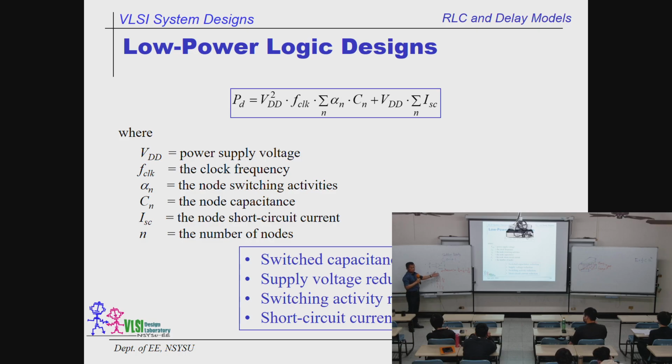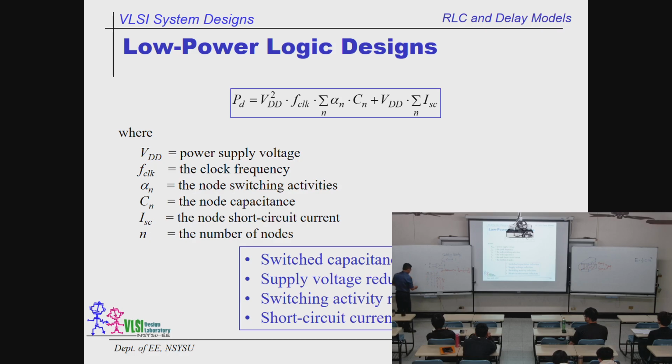This is very simple. Even kindergarten kids can calculate it, as long as you understand the definition of switching activity this way. So the lower the switching activity, for example, it is hard for F to be switched because the probability is low.